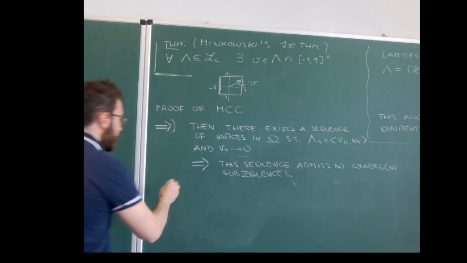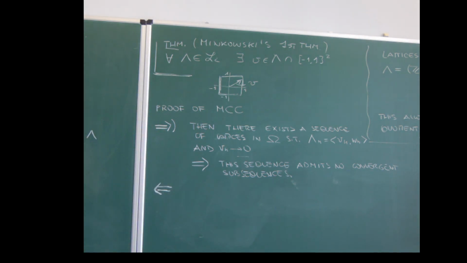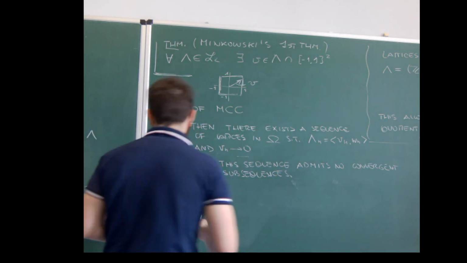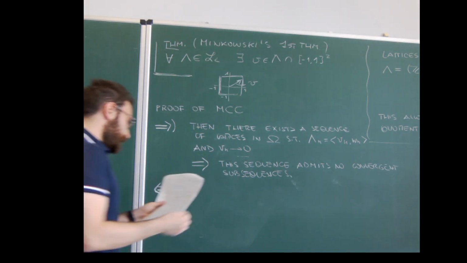Okay, so on the other hand, suppose that, so is this clear? Do you have any questions about this? Okay, good. On the other hand, suppose that this happens, right?